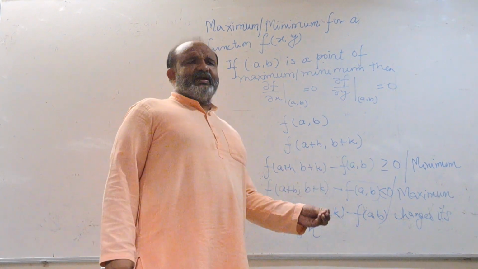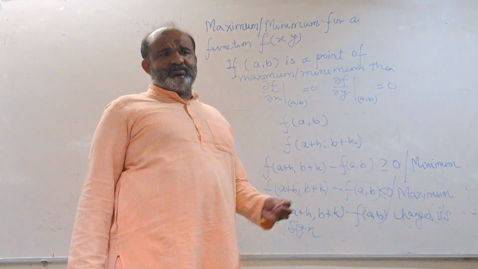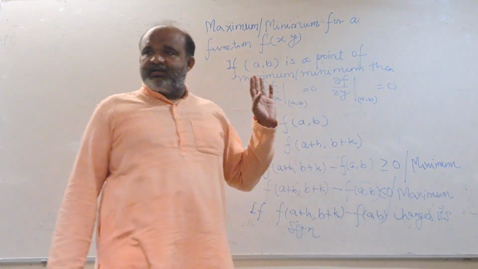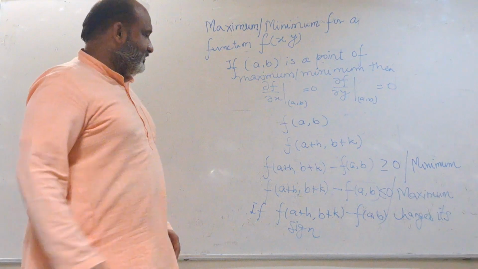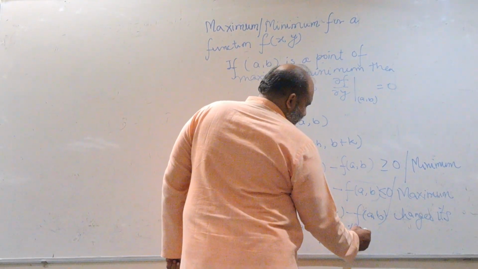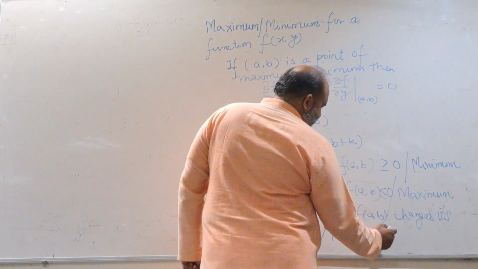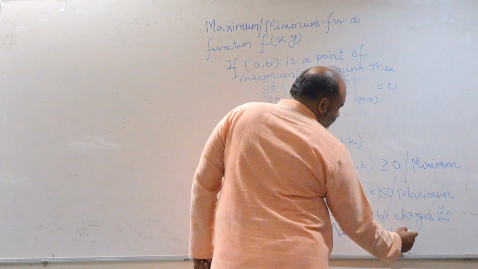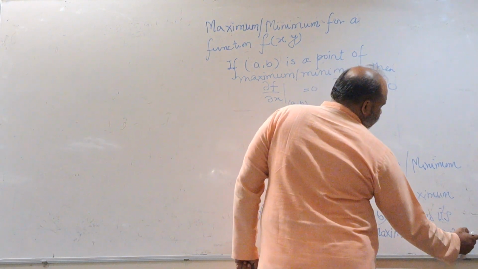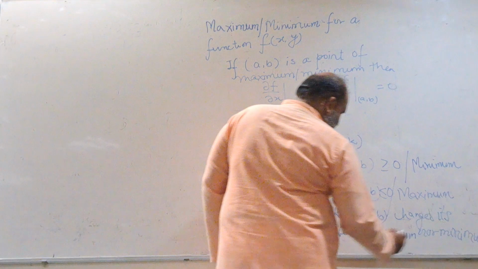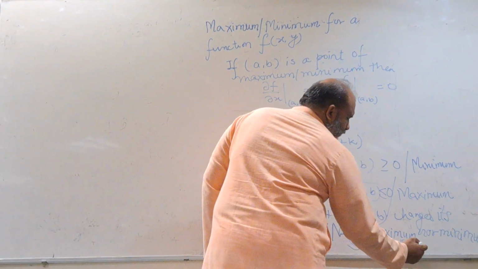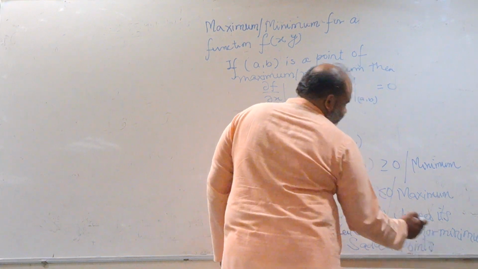Whatever values of h and k you select, this will be changing its sign. Then this is a case of neither maximum nor minimum. Such points are called saddle points. Is it okay? Yes, sir.